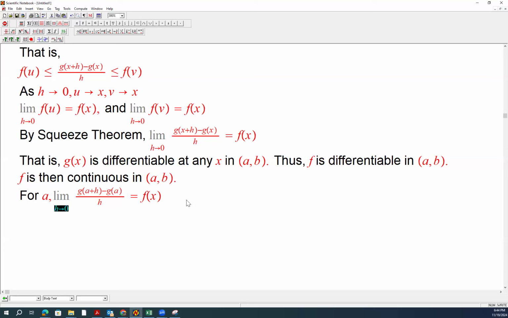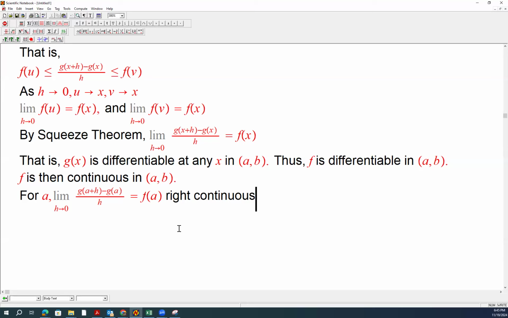So this will be right continuous. Okay, right differentiable and right continuous. So that would demonstrate it is right continuous.